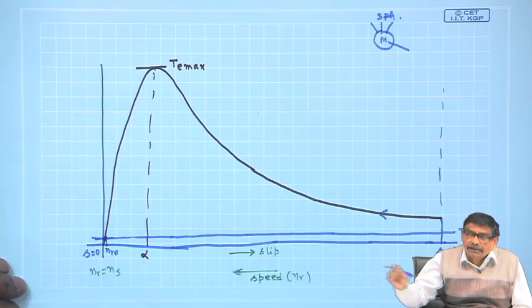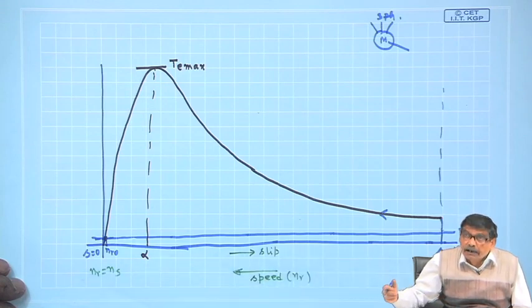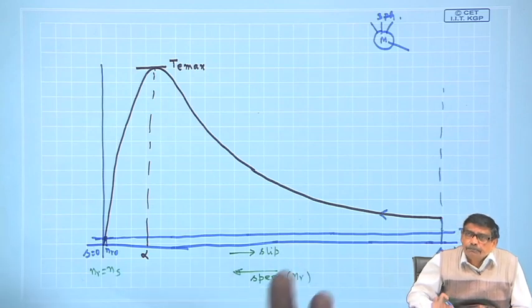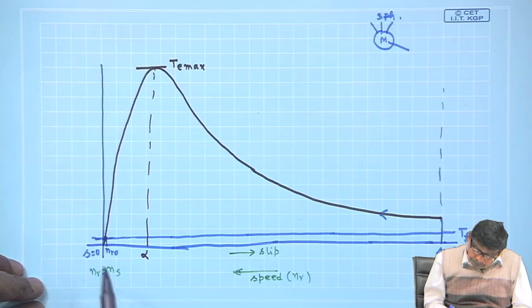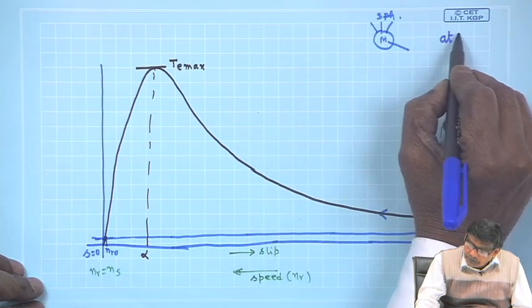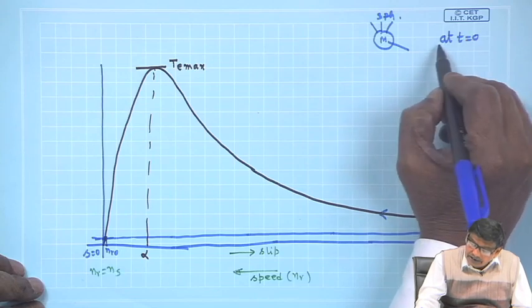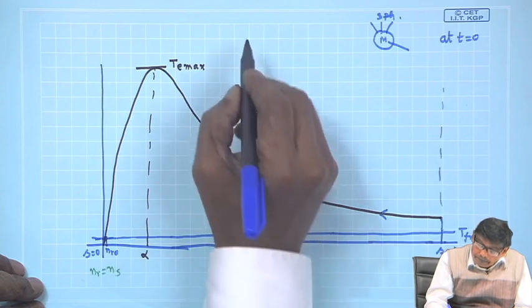I ask the motor to do some mechanical work for me, that is, connect the external mechanical load on the shaft, no resistance, nothing like that, it is mechanical load.